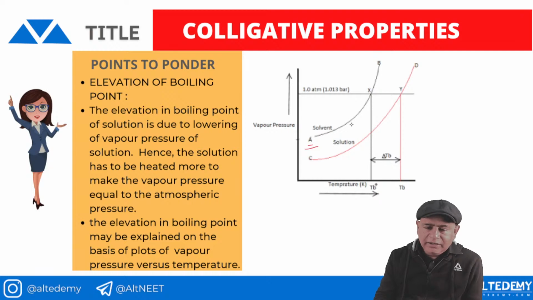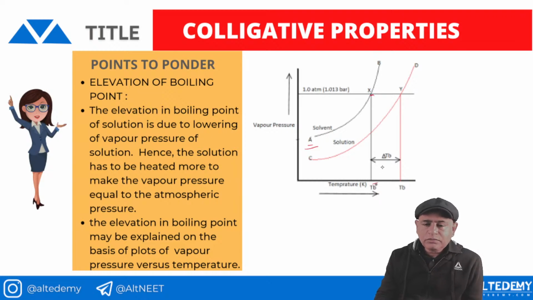If we heat it, it will reach a particular point, that is X, at which the vapor pressure of the liquid will become equal to 1 atmospheric pressure. This will be called the boiling point of the liquid. And you should know boiling point should be defined in this fashion only. When the vapor pressure of the liquid becomes equal to atmospheric pressure, that is called the boiling point. So we have reached the boiling point at this point.